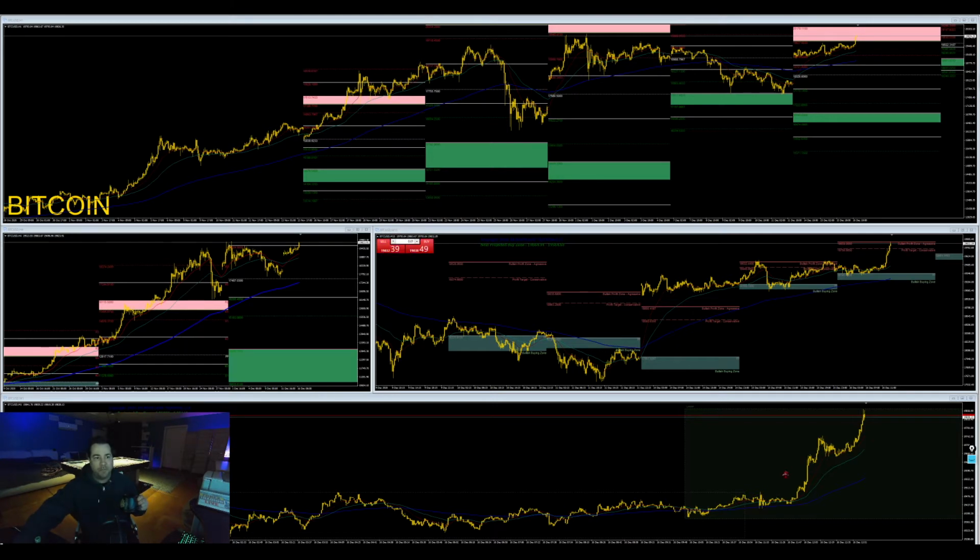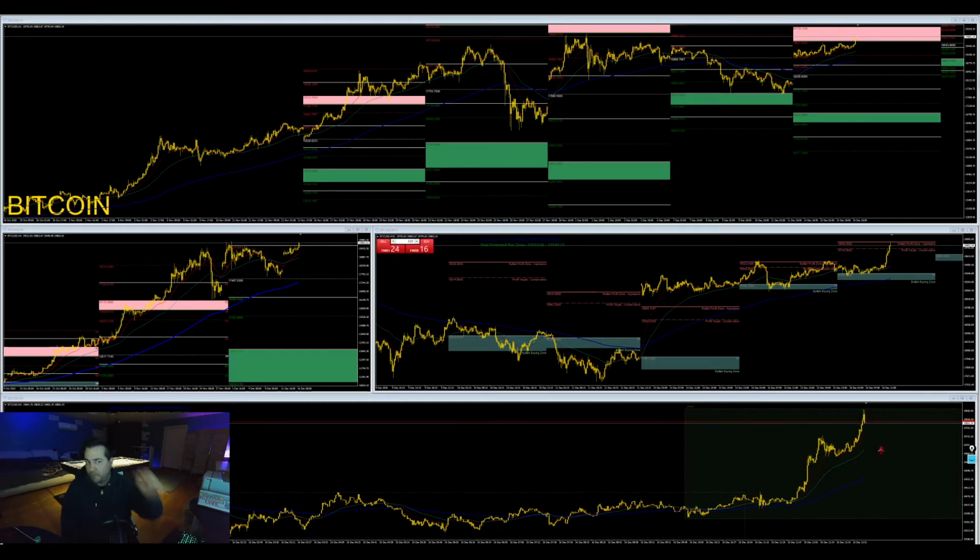Again, this is my 1-minute chart, and then up here is my 15-minute chart. Up here is my 1-hour chart, and all the way to the left here is my 4-hour chart. But you can definitely expect some funky price movement right here.